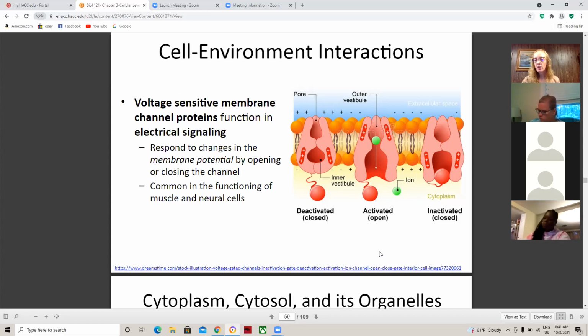These channels open in response to a change in the membrane potential. Remember that one way to think about the membrane potential is that separation in charge.